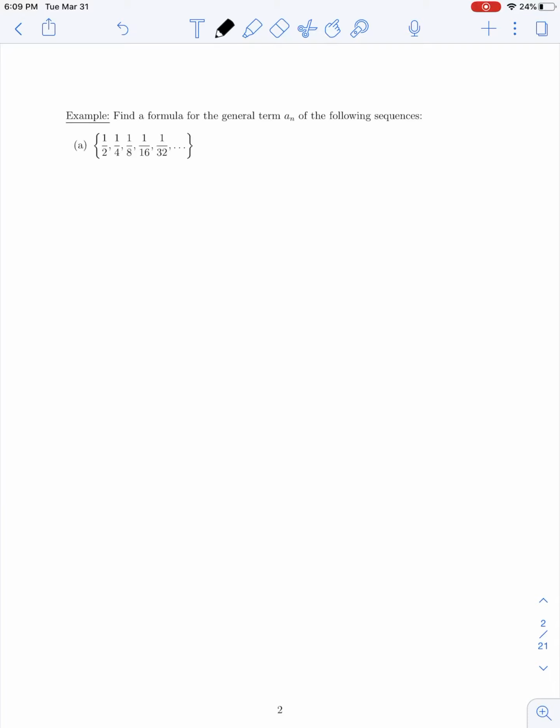So we see that each term of our sequence is a fraction of the form 1 over some number, and it looks like all of the numbers in our denominator are powers of 2: 2, 4, 8, 16, 32, and so on.